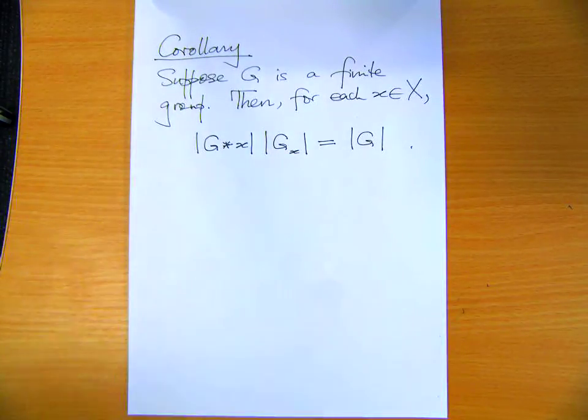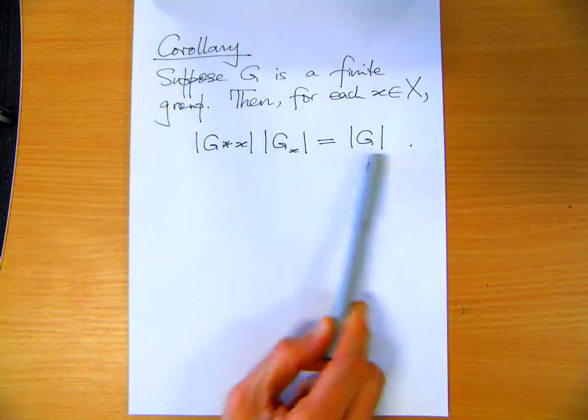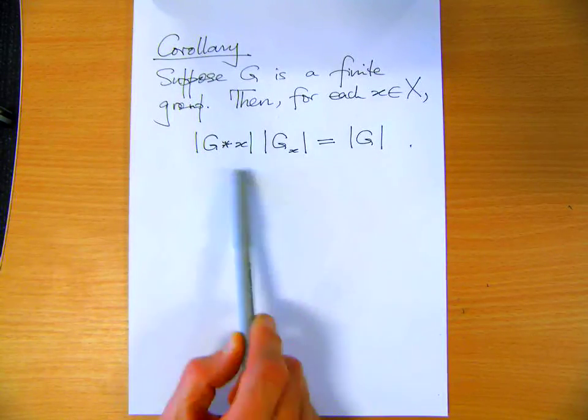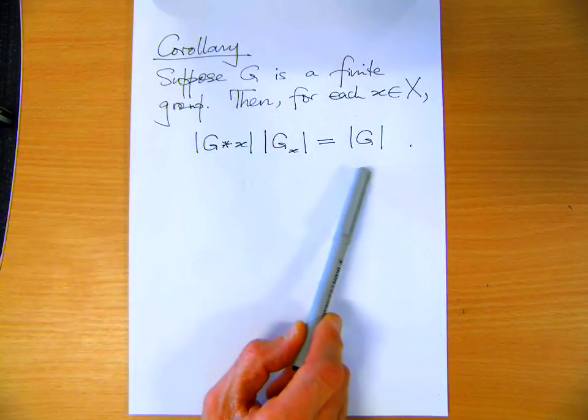So I'm assuming that G is finite now, so this is an equation about multiplying two natural numbers together to get another natural number. This wouldn't make sense if G were infinite.